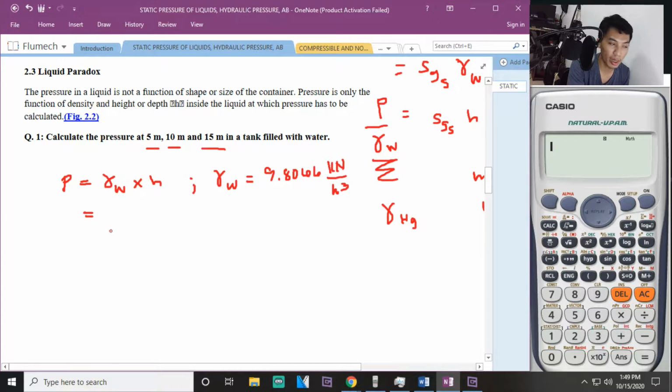Now, substitute na lang natin dito. 9.8066 kilonewton per cubic meter times yung given height, which is meter. Cancel natin to.